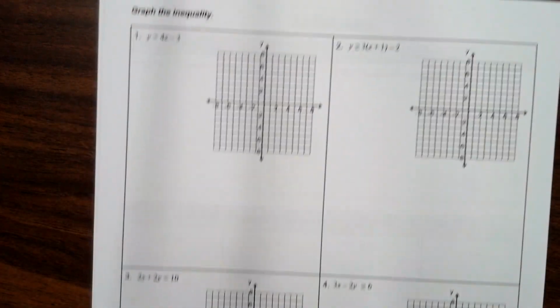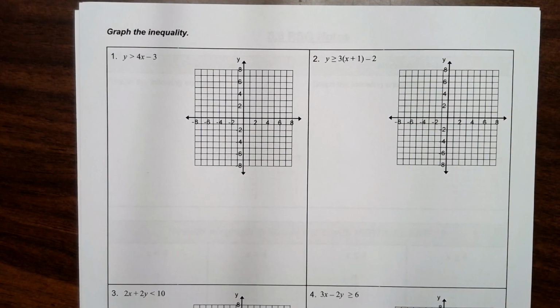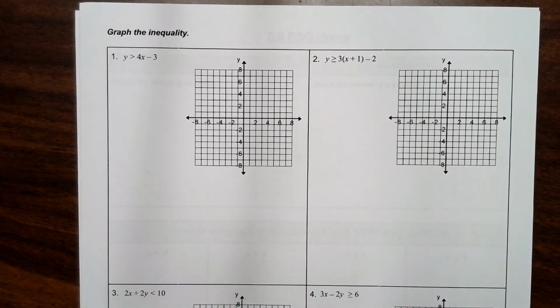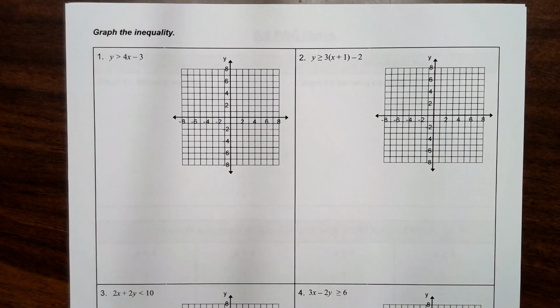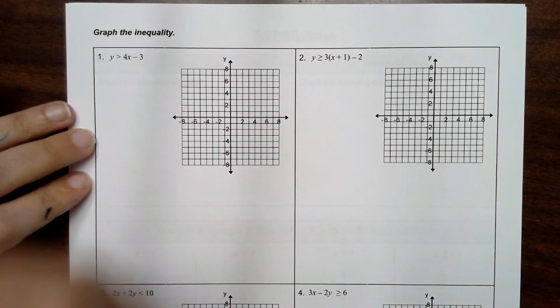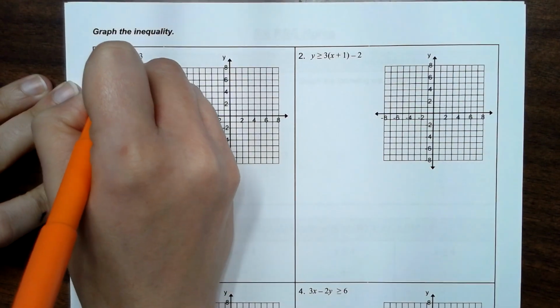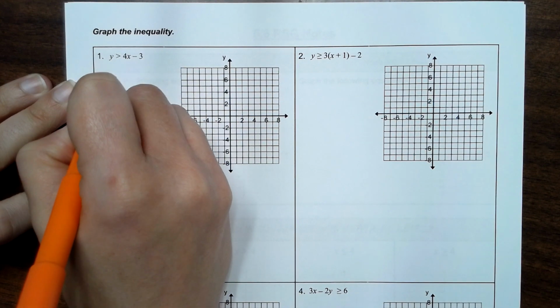So let's take a look at number 1. Our first step would be to rearrange so that the y is by itself. Since the y is already by itself here, we would just skip that step. The next step is to identify the slope and the y-intercept.